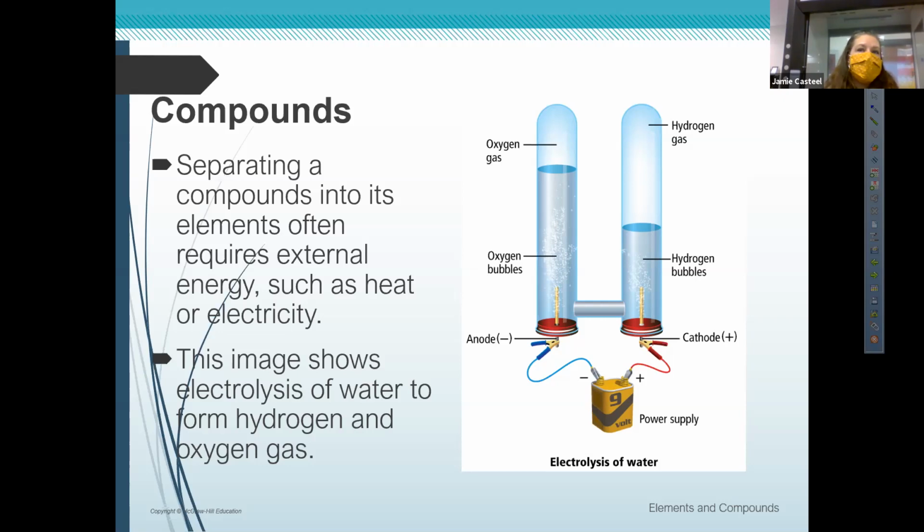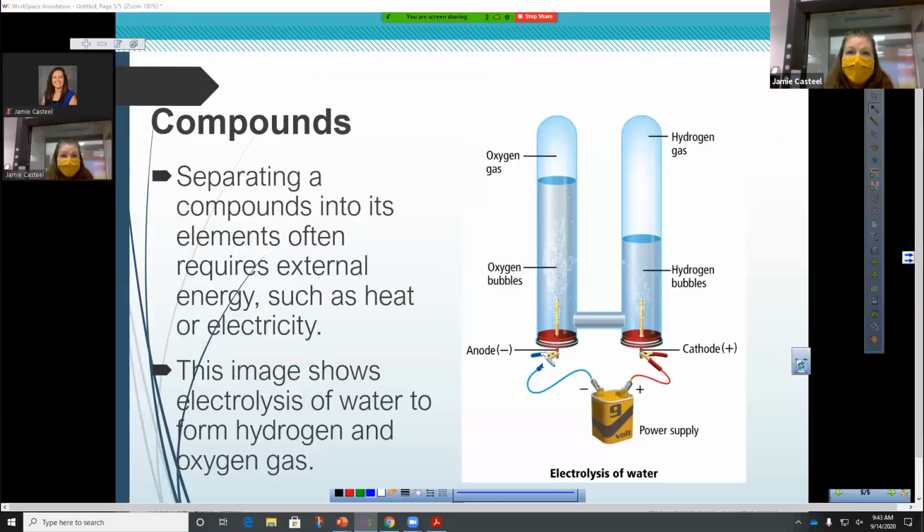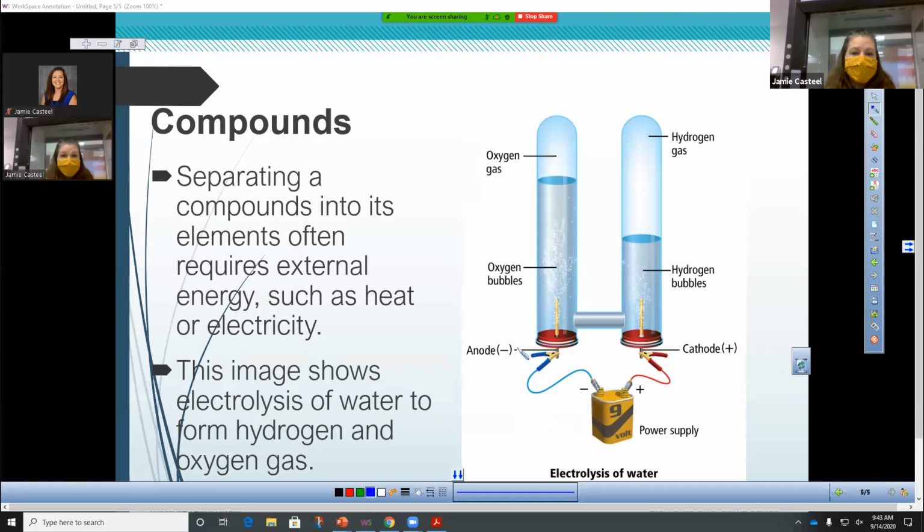What's that thing at the very bottom? That's a battery. So I'm running a charge through water. And depending on which one is attached where, if you look closely, over here on the left, it's called the anode, which is a negative charge. And a cathode is on the right, which is positive charge.